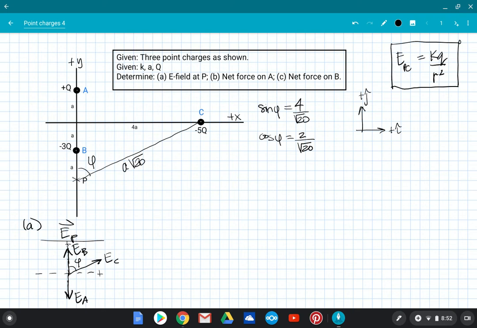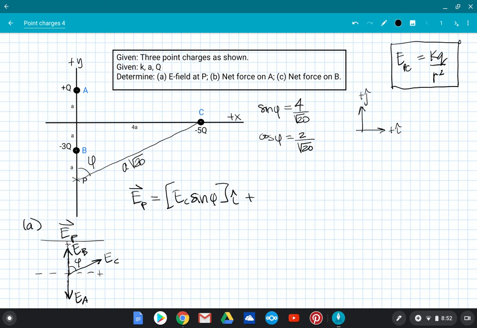So the electric field at point P, I'll write this out then. Now vector form is going to be E sub C. Now slow down, check it out, sine of phi and that is going to be i hat.